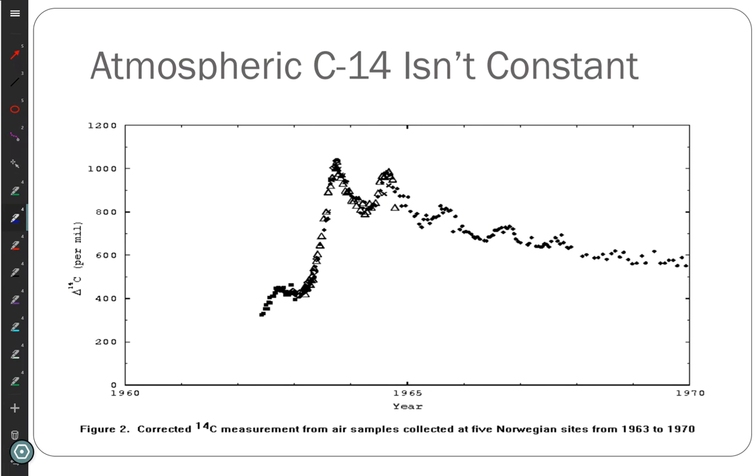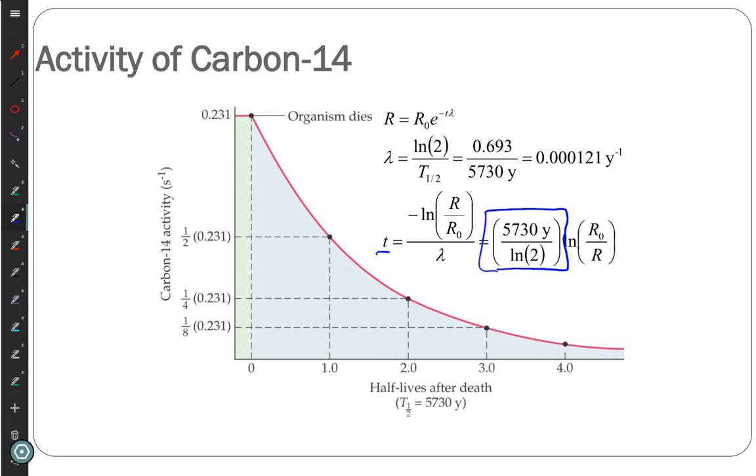Looking at more recent data, I was born, just for the record, you can see just a couple years before I was born, the amount of carbon-14 in the atmosphere changed dramatically because there was an eruption of a volcano. The volcanic eruption changed the ratio dramatically. So now we go back, the assumption that this here is constant is horribly flawed.